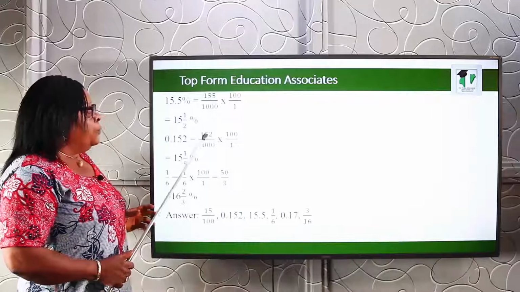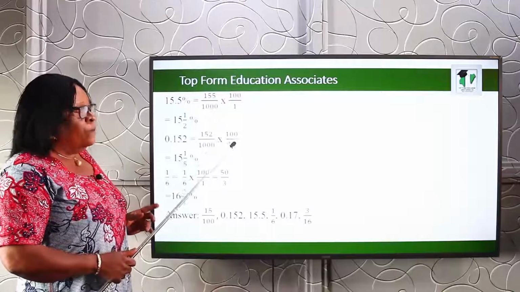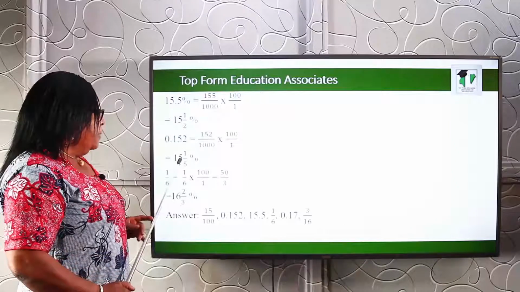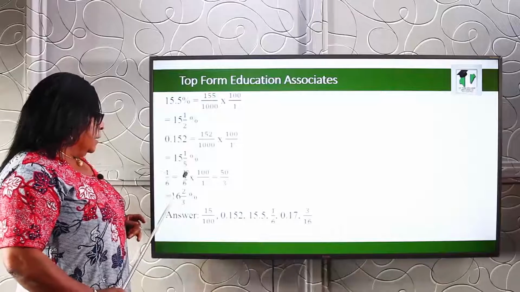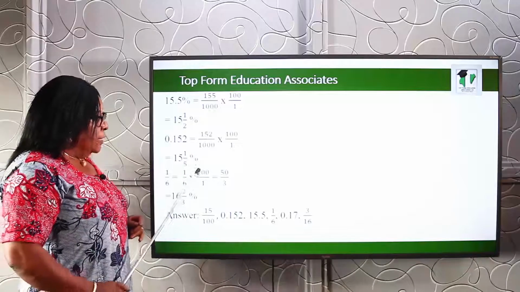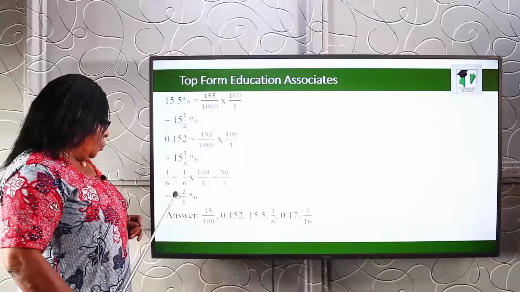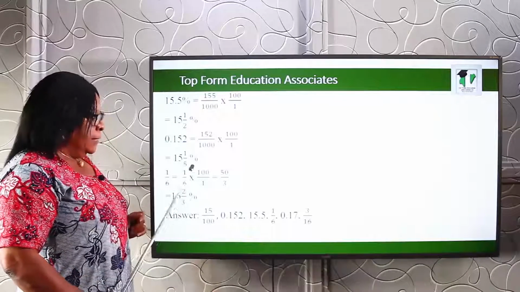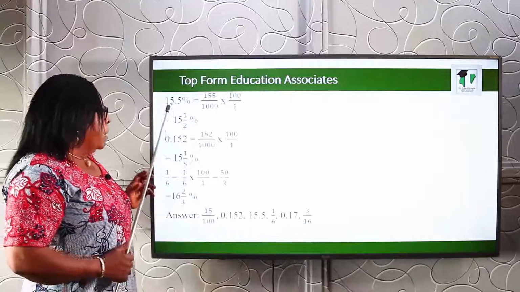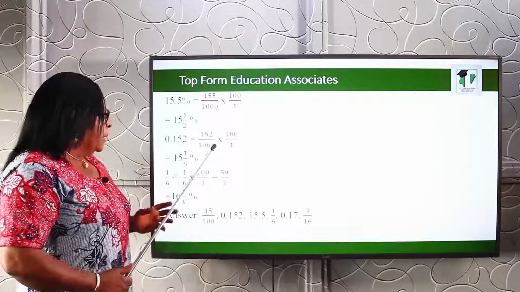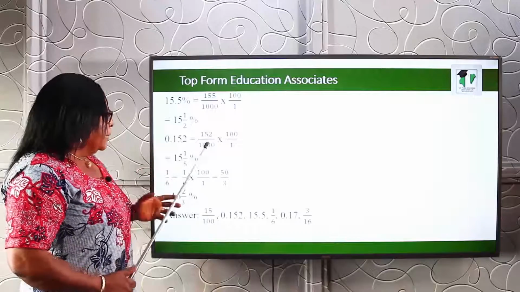That's how we got 152 over 1000 times 100 over 1, because we are converting it to percentages. That gives us 15.2%. 1/6 is the same thing as 1 over 6 times 100 over 1, giving us 50 over 3, equal to 16.7%.